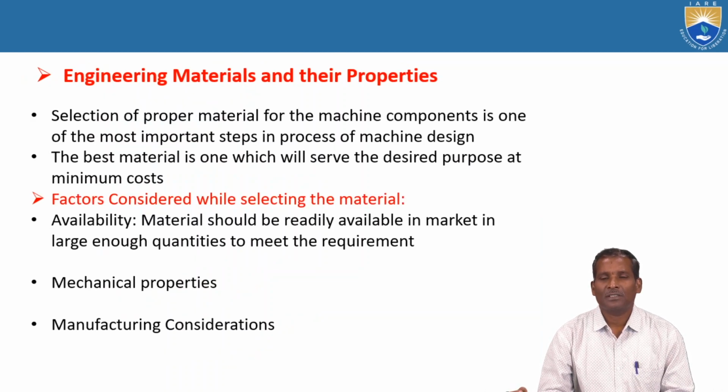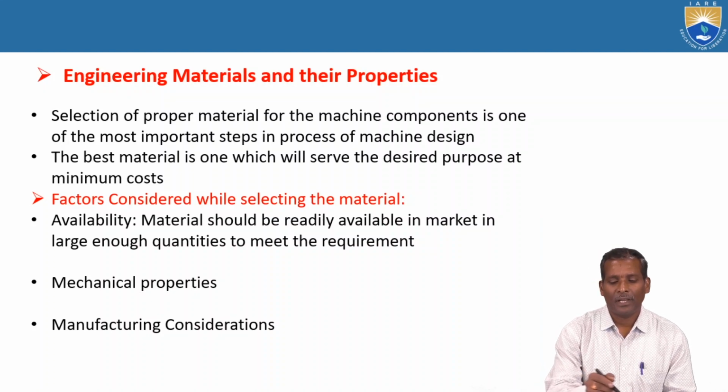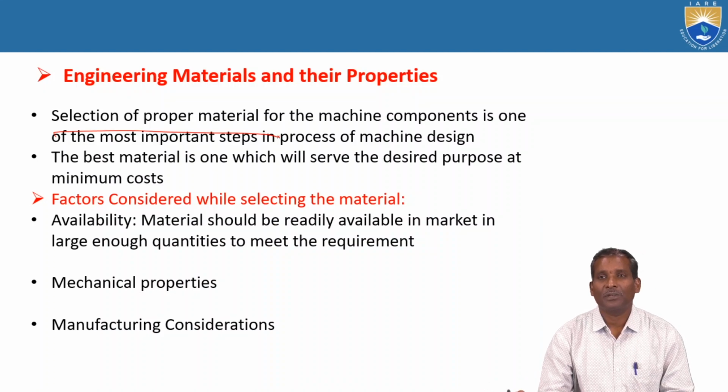In the design process, engineering materials are very important. The selection of material. The selection of proper material for the machine component is one of the most important steps. It plays a main role in the process of machine design. For the desired, particular purpose, you have to select the best material, and that should also be of minimum cost.